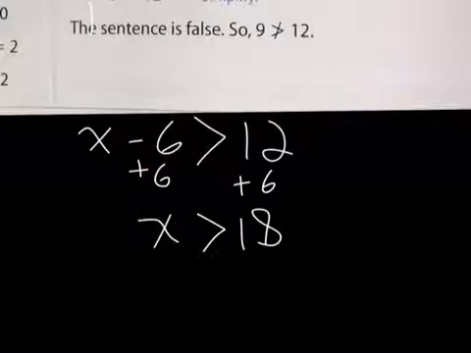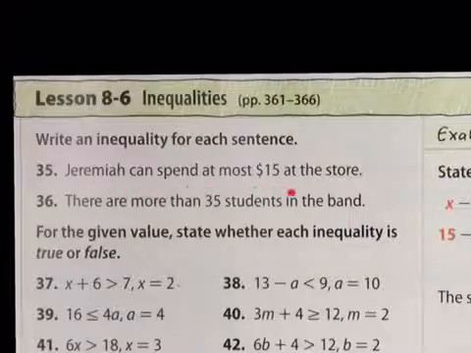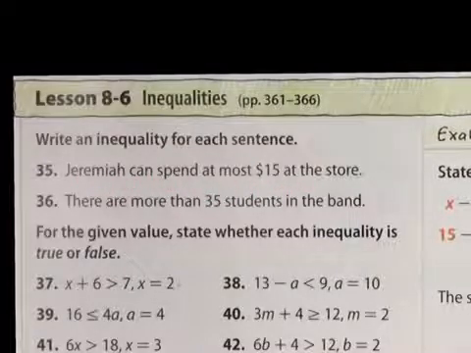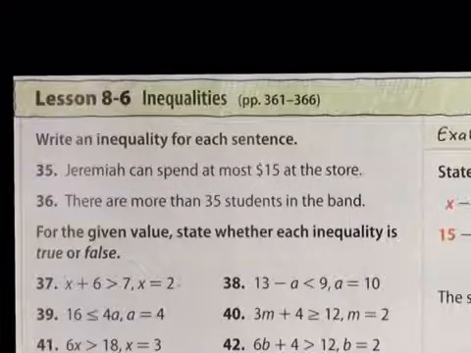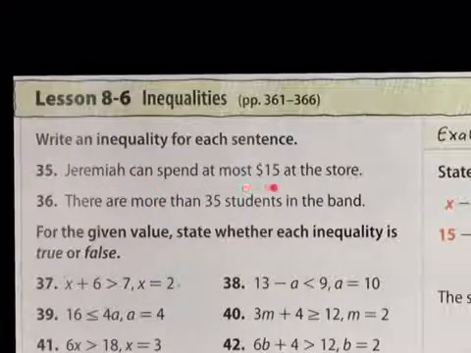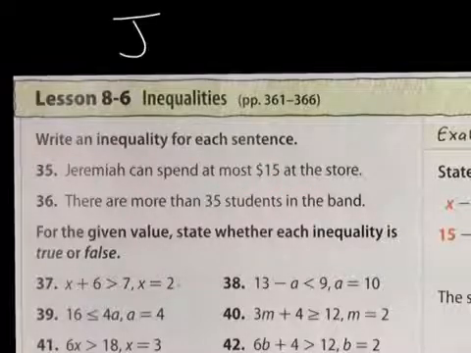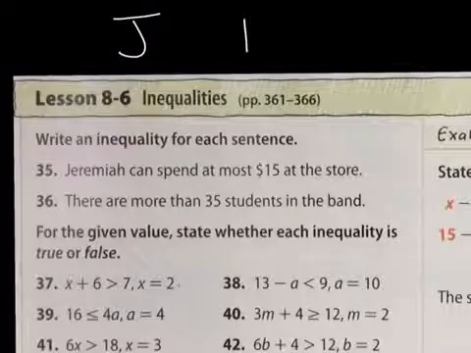It makes sense, right? Let's try to translate some of these situations into algebraic expressions. Jeremiah can spend at most $15 at the store, at the very most. So he can spend up to $15. So what Jeremiah can spend, Jeremiah will be our variable, J, at the very most is $15.